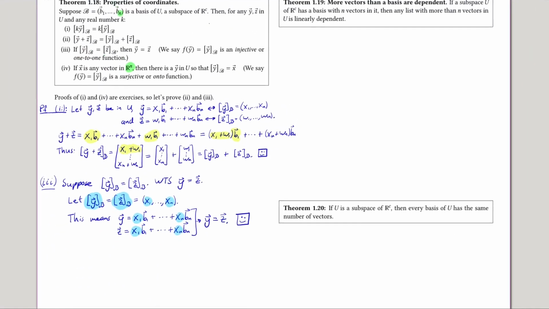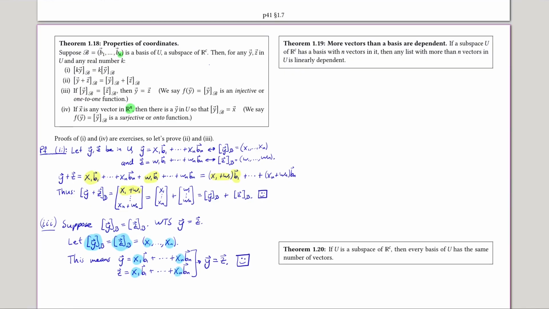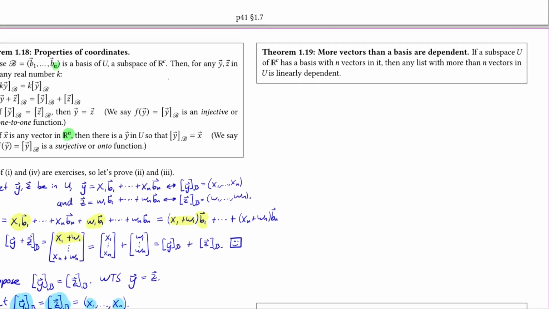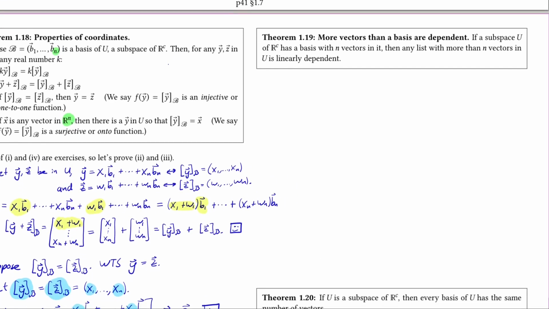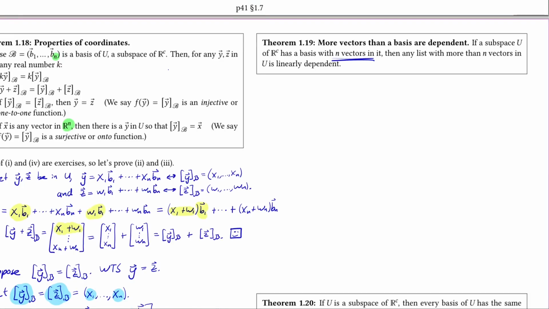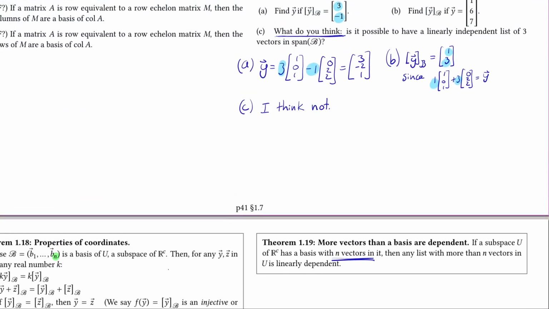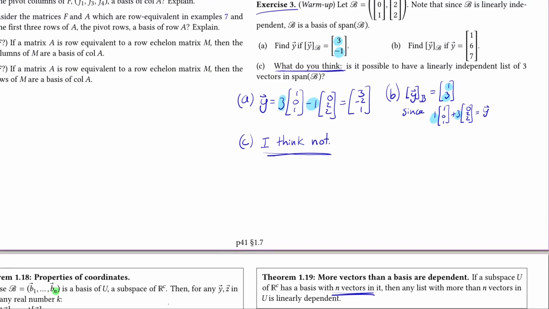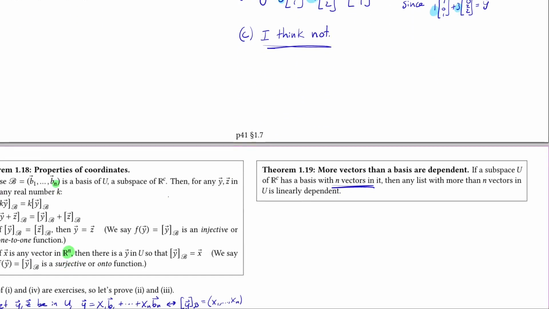Anyways, let's look at theorem 1.19. More vectors than a basis are dependent. So if you have a subspace U that has a basis with n vectors in it, then any list with more than n vectors in U is linearly dependent. Now, we're going to prove why the answer to warm-up number 3, part C, is really no using this.